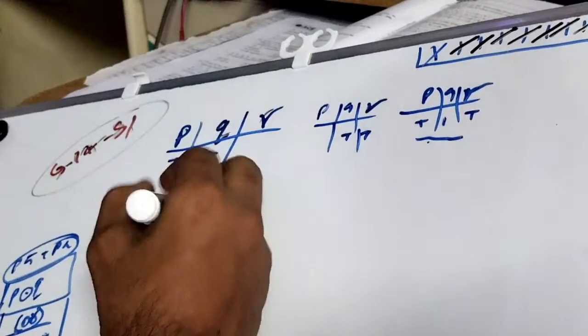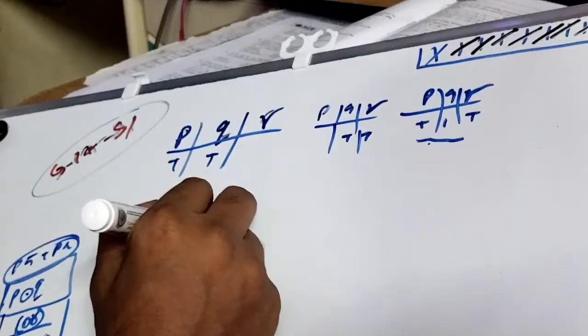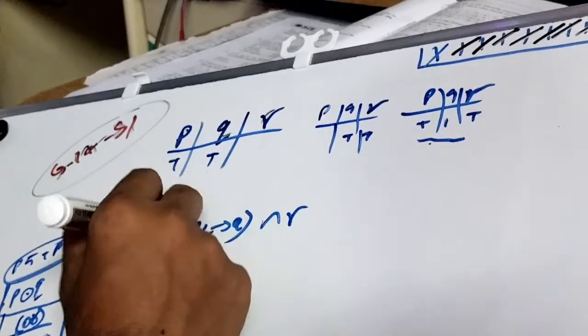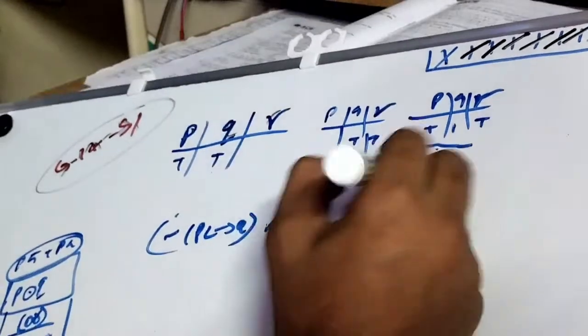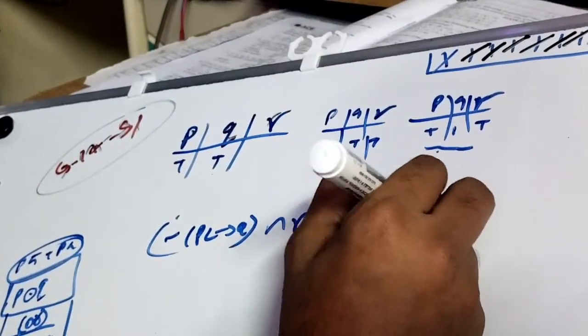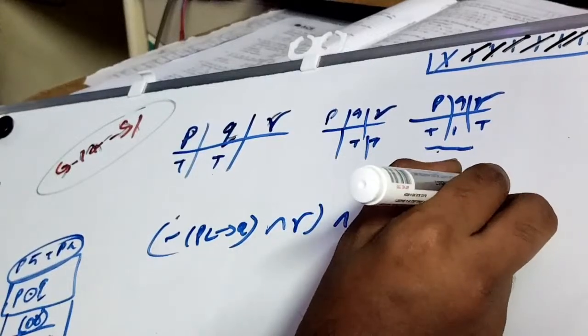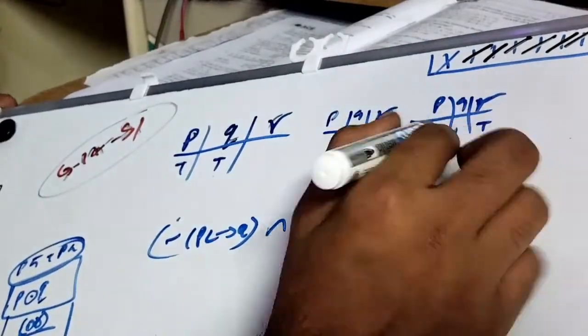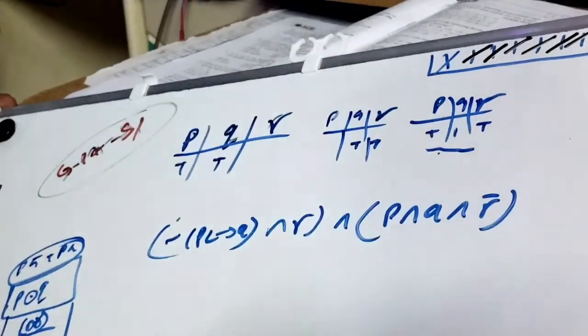The expression will be negation P, multiplication Q and R, and Q and P and R. Now, by default we take it as false.